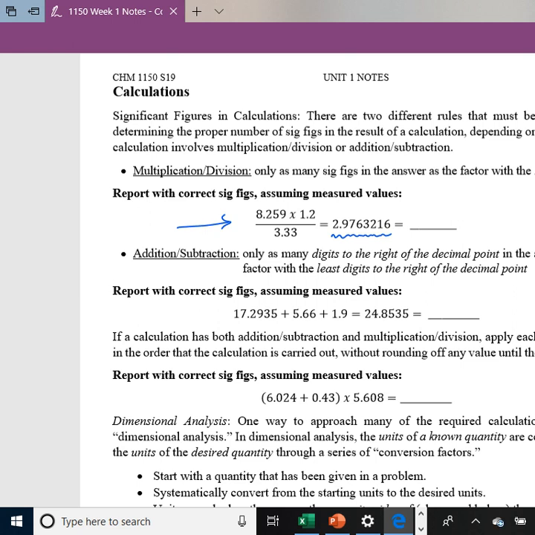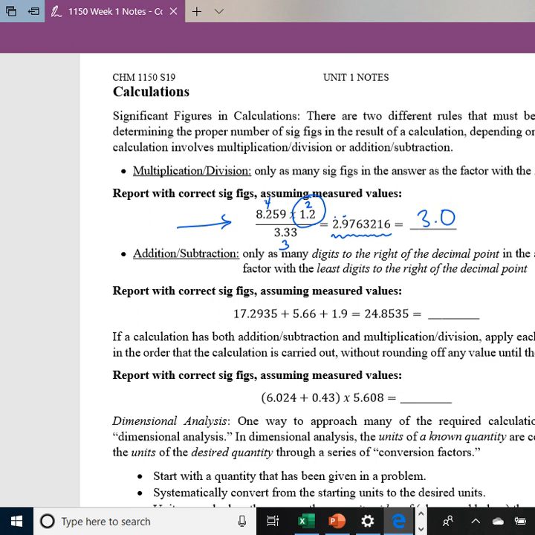Our first factor here has a total of 4 sig figs. The second factor has a total of 2. And our third factor has a total of 3. So this factor here that only has 2 sig figs is going to dictate the fact that the answer can only have 2 sig figs. So the 2 and the 9 are significant, and we have to round it. And then because the next digit is a 7, that means our answer is 3.0.